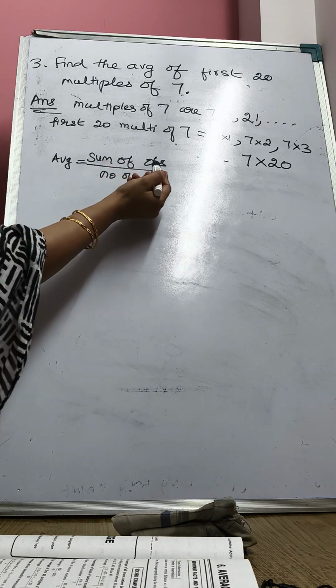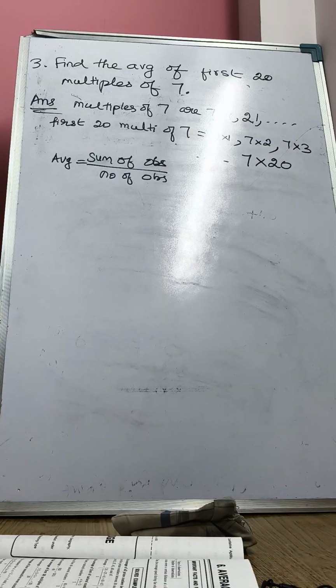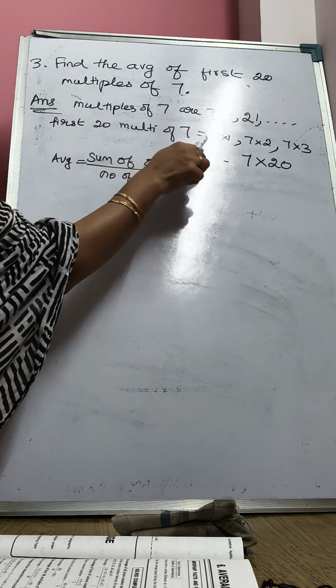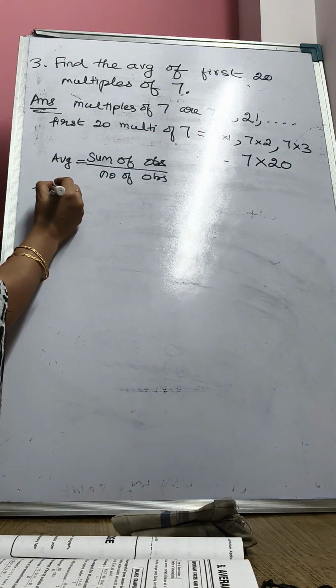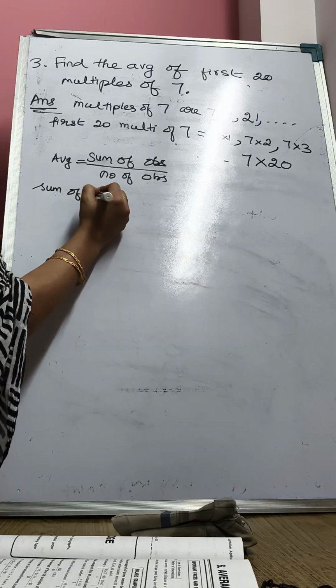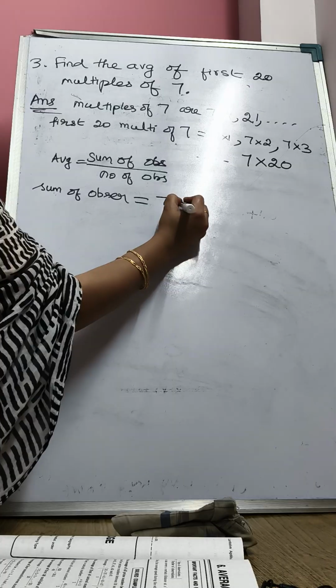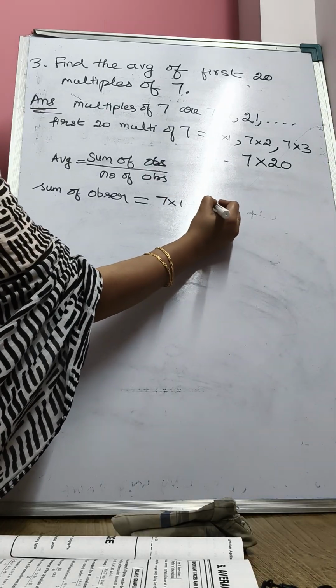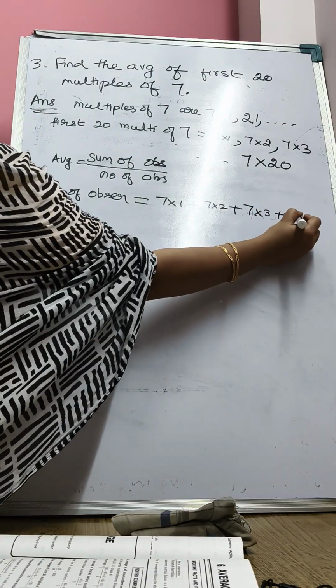So, what are the observations here? The first 20 multiples of 7 are our observations. So, for this, we have to find the sum of observations, isn't it? It is 7 into 1 plus 7 into 2 plus 7 into 3 plus and so on.